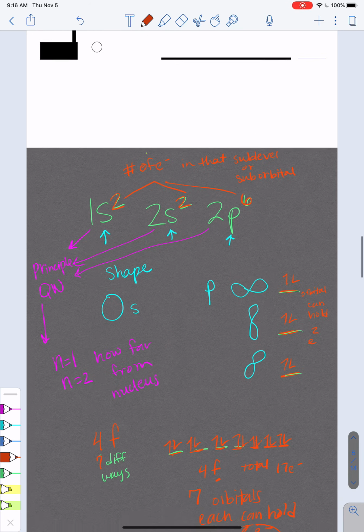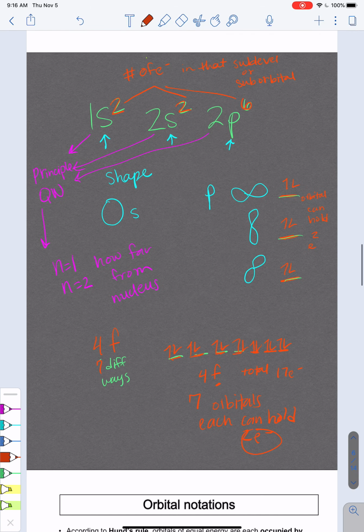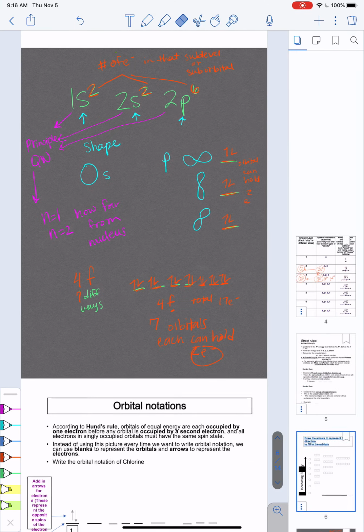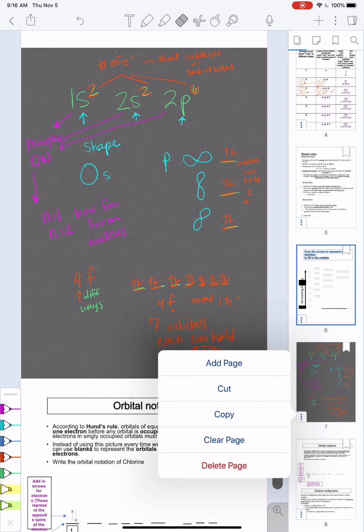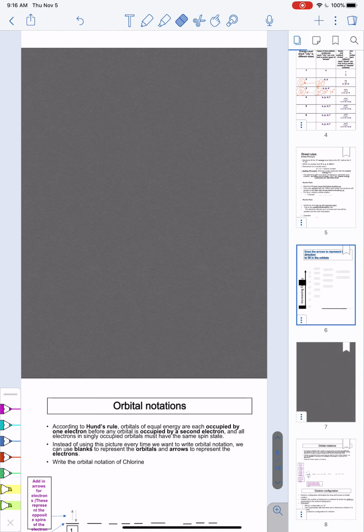Okay, so let's talk about the order of the electrons, how you put them into their shells. Okay, so there is an order to this, and we can look at our Christmas tree diagram.